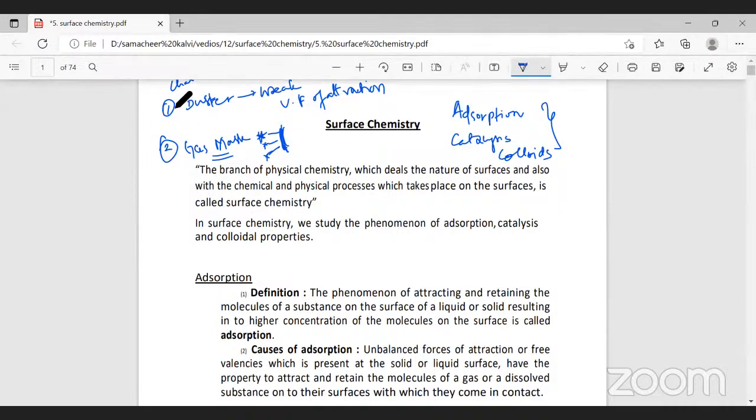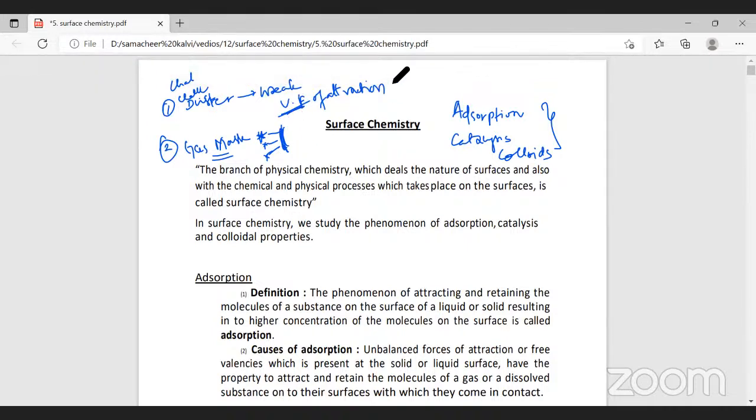The chalk particles get accumulated on the surface of the duster. There is no chemical reaction, but they are held together by weak van der Waals force of attraction. Therefore, this example is for physical adsorption. And the gas mask and the poisonous gas is an example for chemical adsorption.